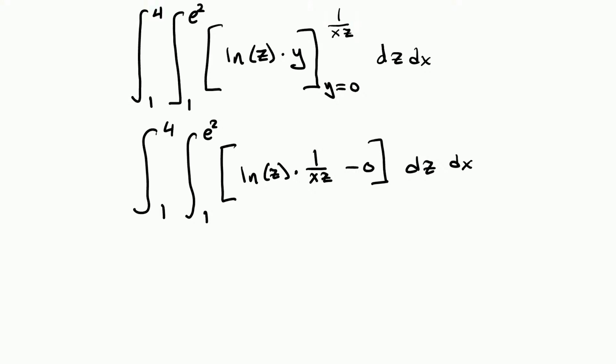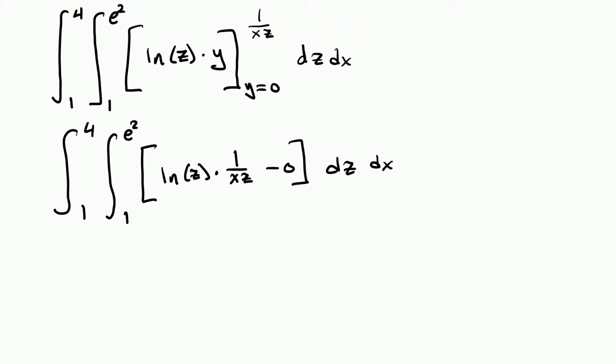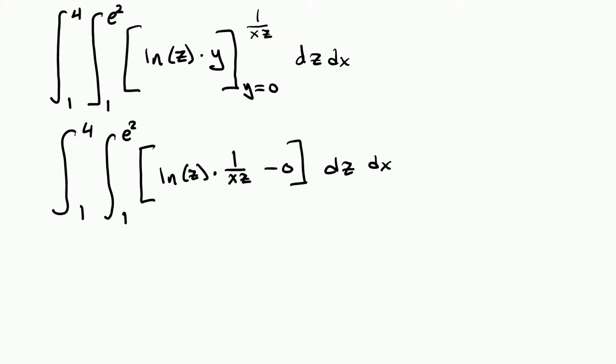There's a technique you're going to use here to do this integral with respect to z. Does anyone want to tell me what that is? Use substitution. Yeah, let's use u substitution. What's my u going to be, Ryan? Natural log of z. Yeah.